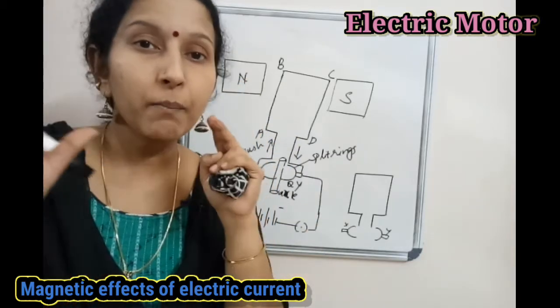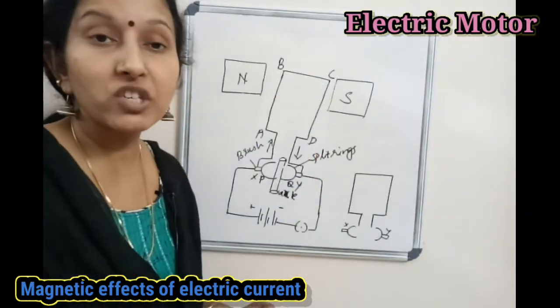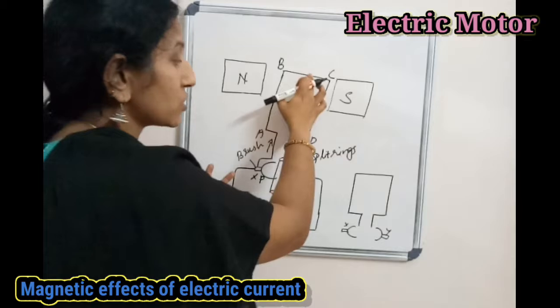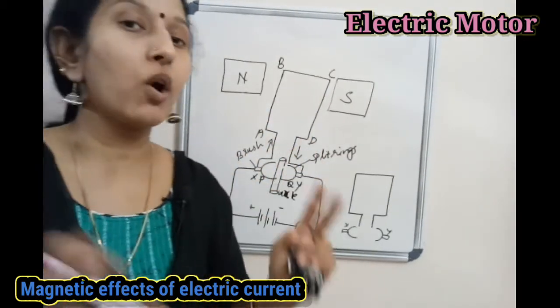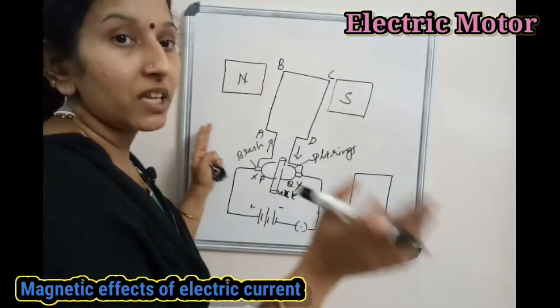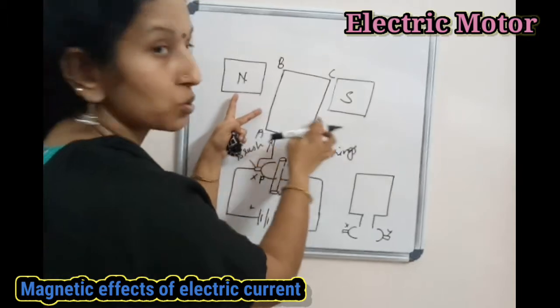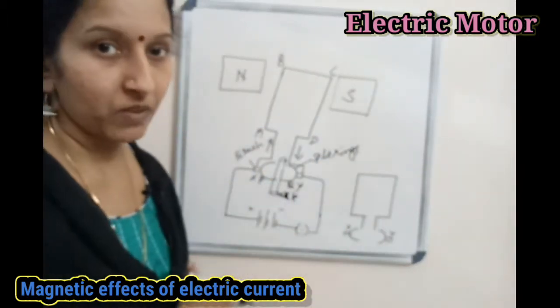So don't think more, just consider that here and here there is no formation of force, because at these two ends they are parallel to the magnetic field. Only on these two arms is there force application, so we will repeat arms AB and CD repeatedly.